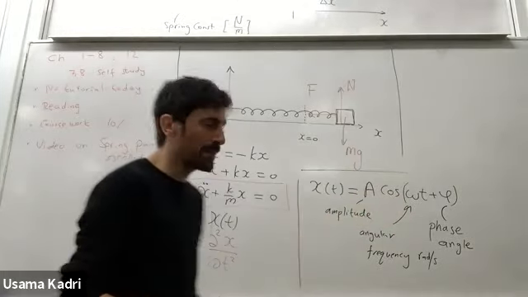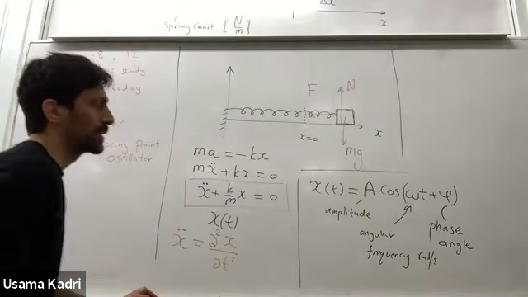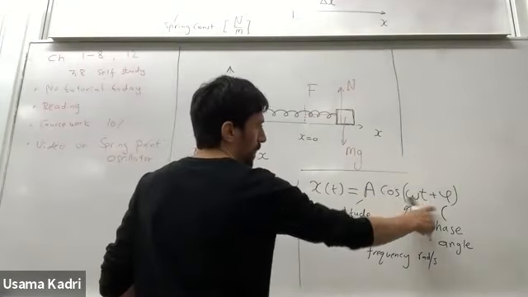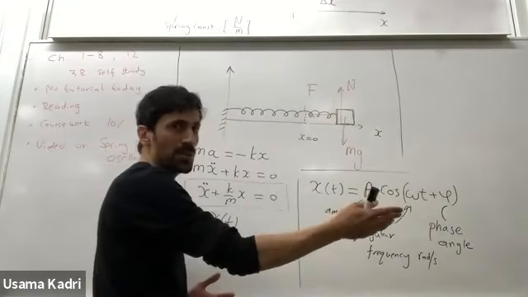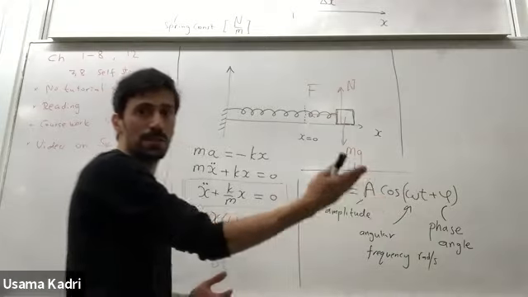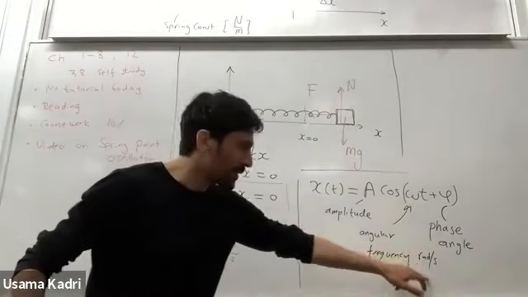Both have the same symbol. This is the angular frequency. If you ever forget, you know that this is time. This should be dimensionless, which means this should be 1 over t as frequency, right? 1 over second, right? Radian over second.